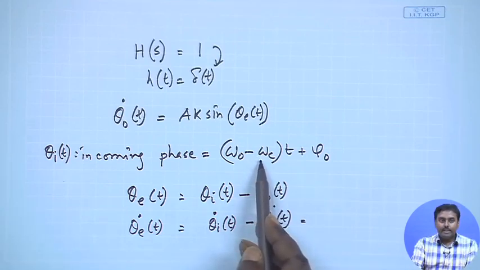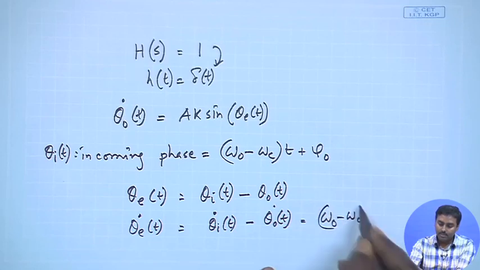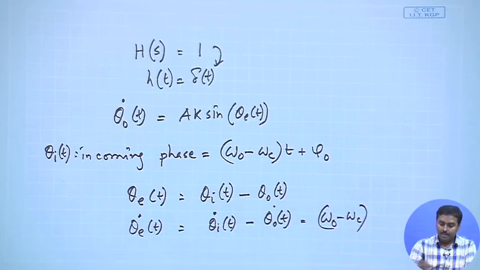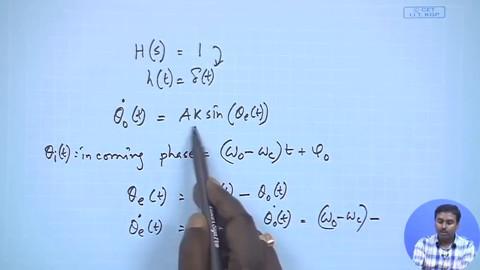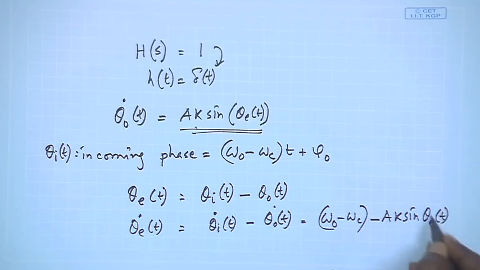Theta I t I already know, the derivative of that should be omega 0 minus omega c, because it is just linear in time, and theta O t derivative I already know. So, that must be A k sine theta e t.